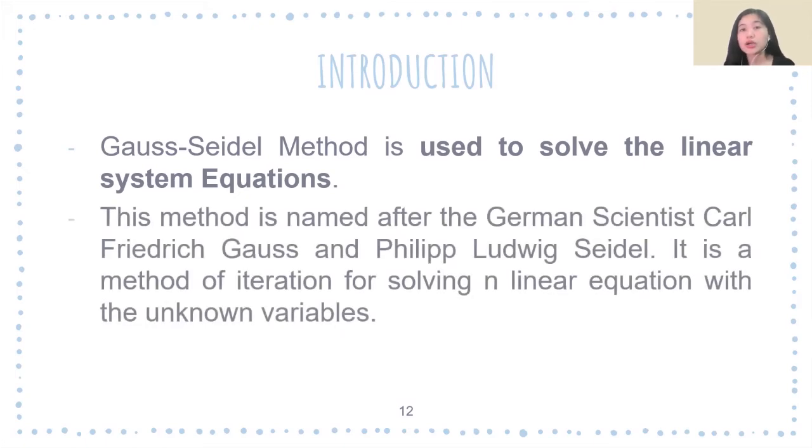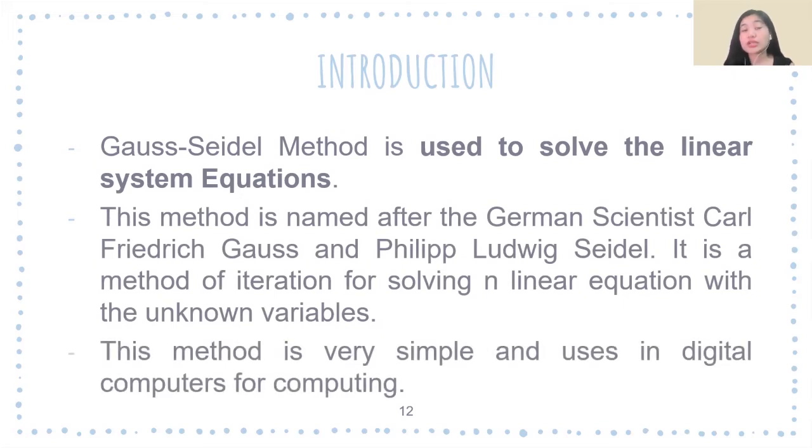So this method, Gauss Seidel, has two persons behind it, the German scientists Carl Friedrich Gauss and Philip Ludwig Seidel, and it is a method of iteration for solving n linear equations with unknown variables.